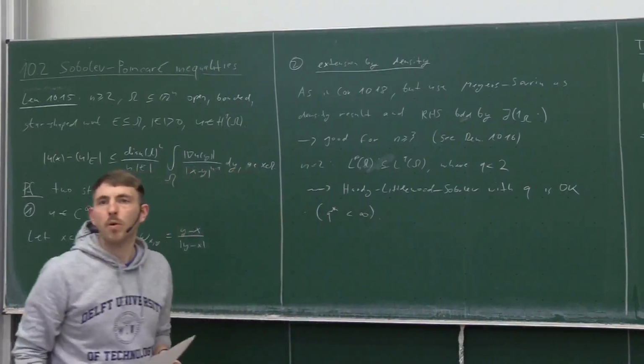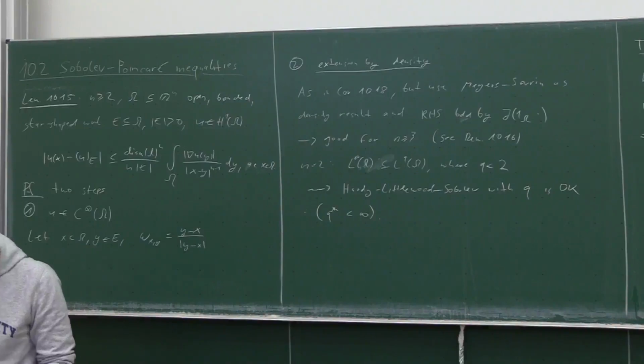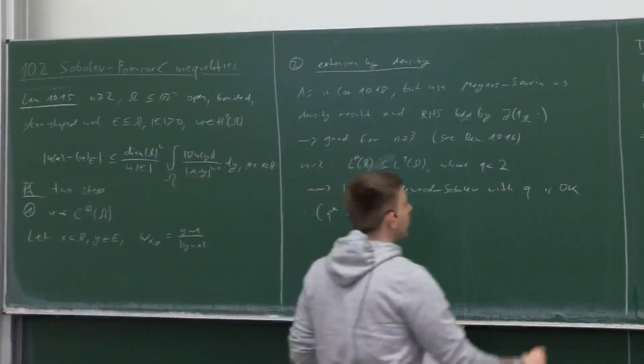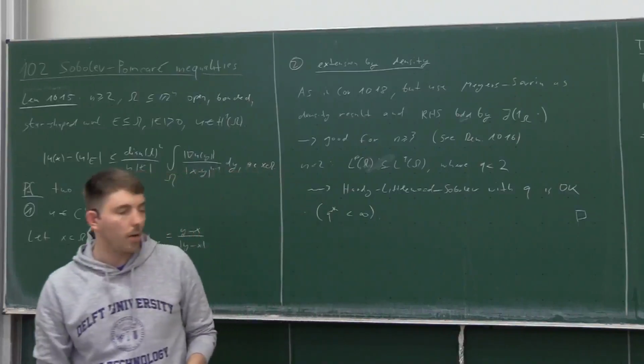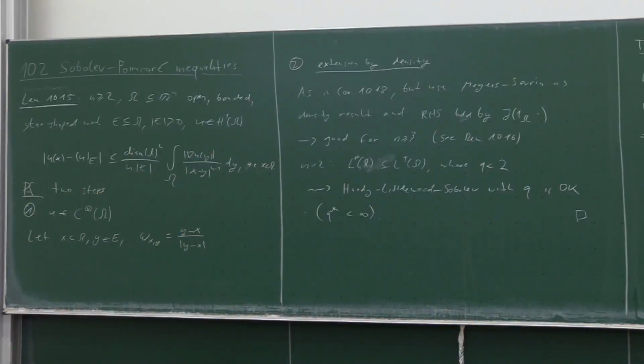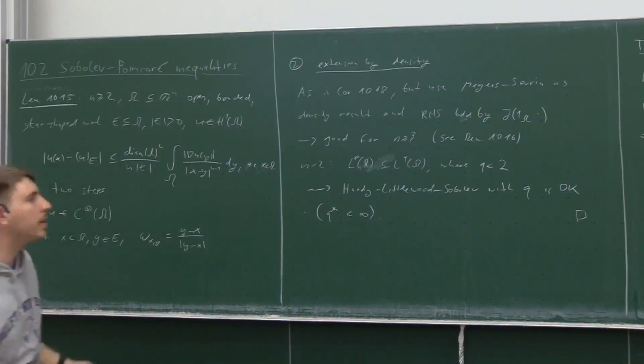So there we use also boundedness of omega. Okay, and then this completes the proof of the Poincaré-Sobolev inequality. Sorry. So this concludes the proof of this preparatory lemma for the Poincaré-Sobolev inequality.